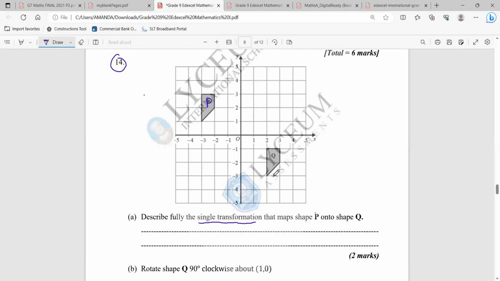This is a translation. They have just pushed it. P was pushed to Q. The sizes haven't changed. If they haven't rotated, it is just a push. So this is a translation.